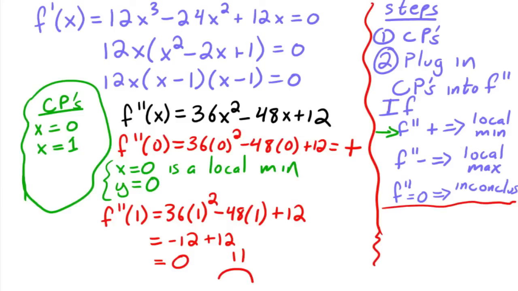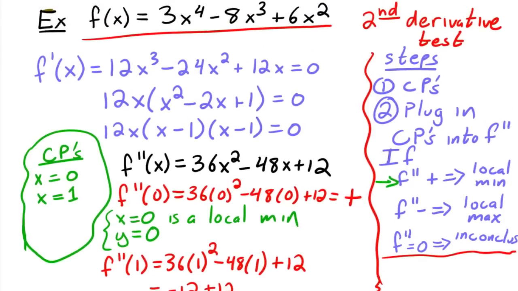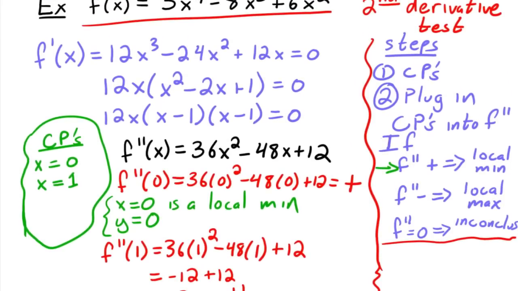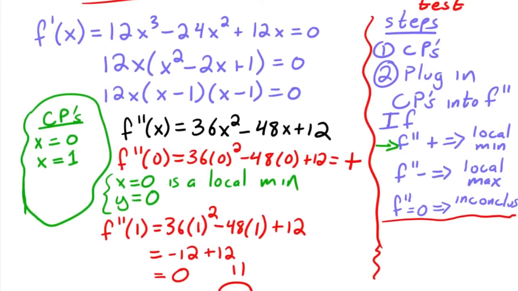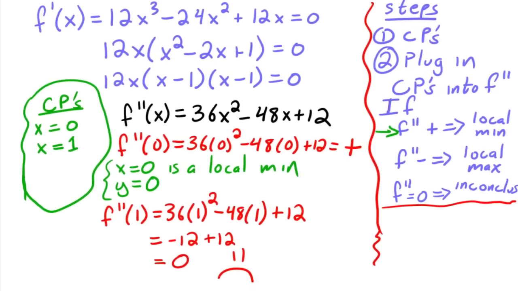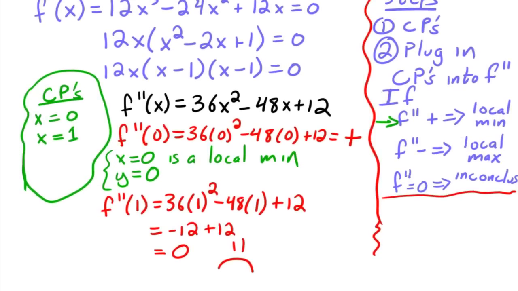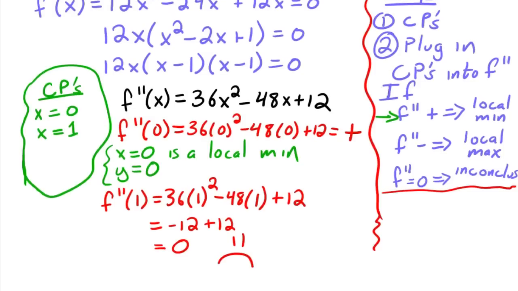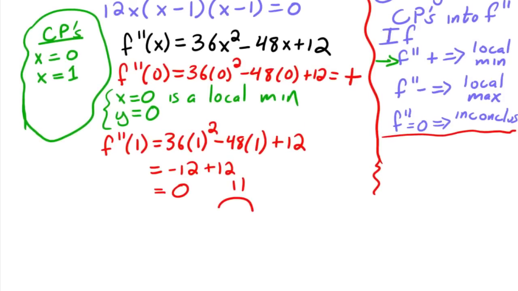Inconclusive. Okay, so this is the worst case scenario, inconclusive. I can't tell you how often this is going to happen, but it happens often enough. So if it's inconclusive, remember that what we need to do in that case is the first derivative test.